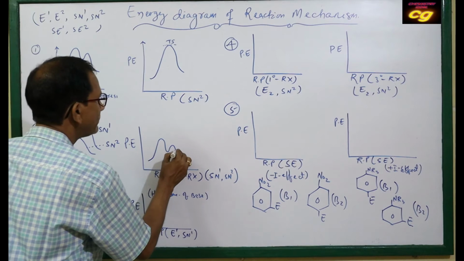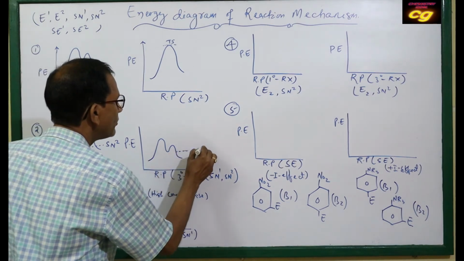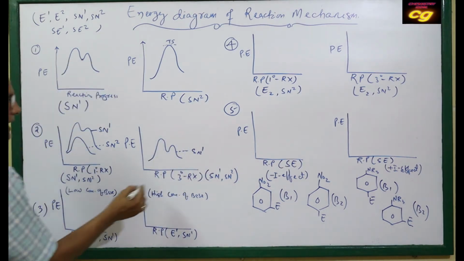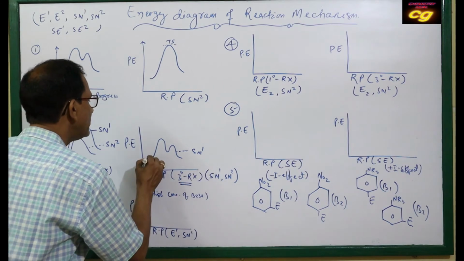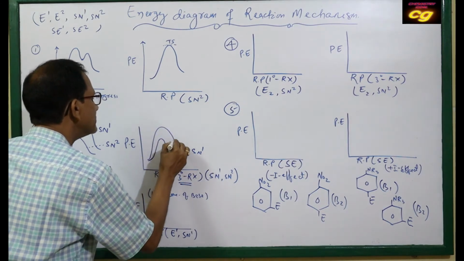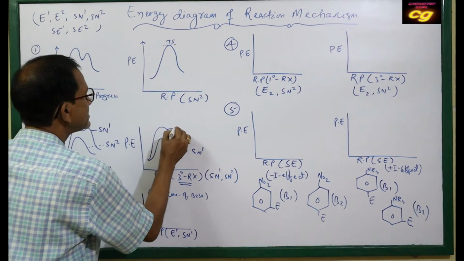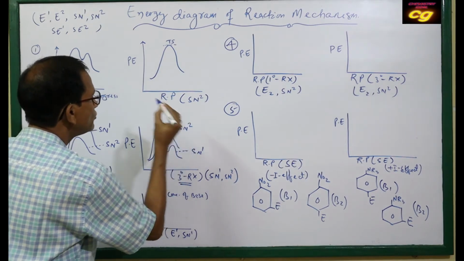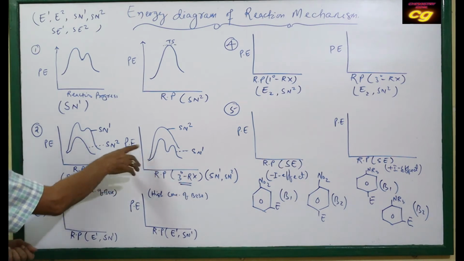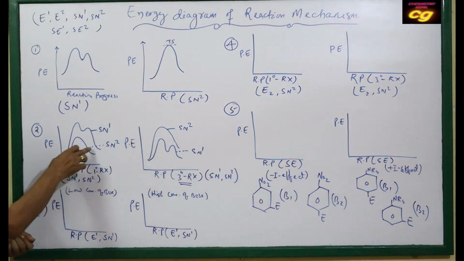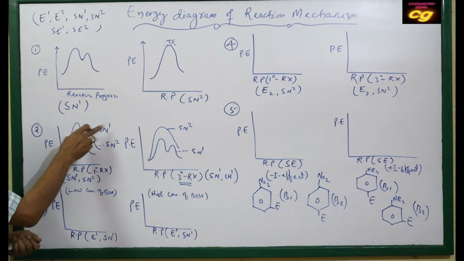This is your SN1, because it is a two step process, and as it is tertiary, the tertiary carbocation is more stable. And SN2 will be like this. This is your SN2, that is slower. For tertiary, SN2 is slower and SN1 is faster. That's why the graph is coming below. And in case of primary haloalkane, SN2 is faster, SN1 is slower.